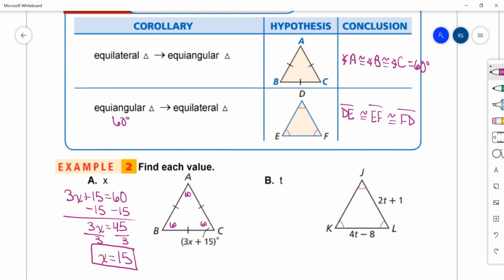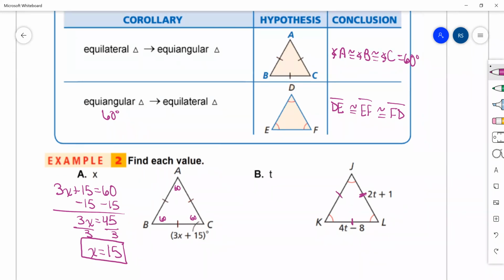Okay, on to the next one. So for this one, they tell us it's equiangular. Well, if it's equiangular, that means all the sides also have to be the same. So to get t, I'll simply set the sides equal to each other. 4t minus 8 equals 2t plus 1. Subtract 2t from each side.